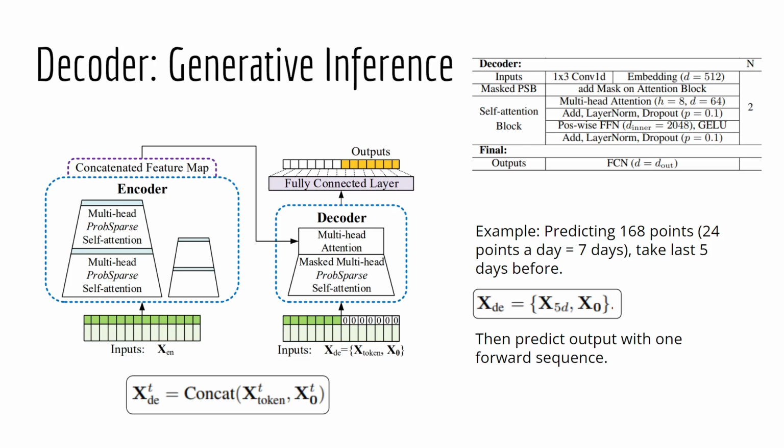If we want to predict 168 points, which equals 24 points a day for a total of 7 days, then we take the last 5 days before as the start of the sequence. To the decoder, we feed in an input of the values for the past 5 days, as well as the 0 masked values after, for the result to go in. Then, the decoder predicts the output with only one forward procedure.